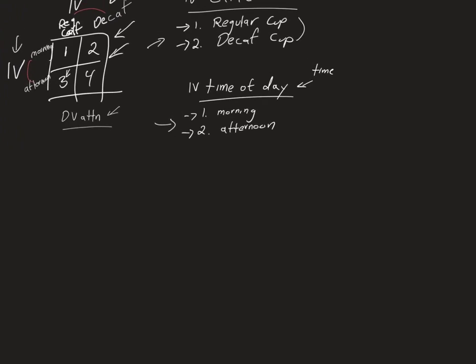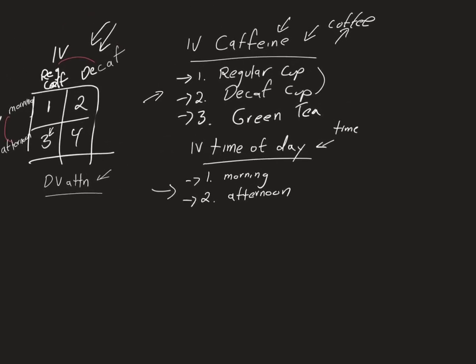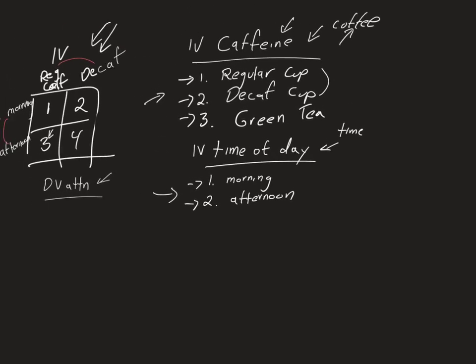So let me actually add back in the green tea level, and actually that's not the eraser, here's the eraser. Now I added a level, not a variable, just a level to my existing independent variable of green tea.